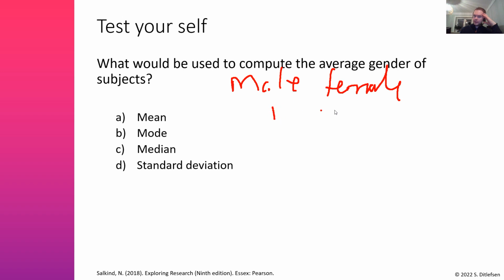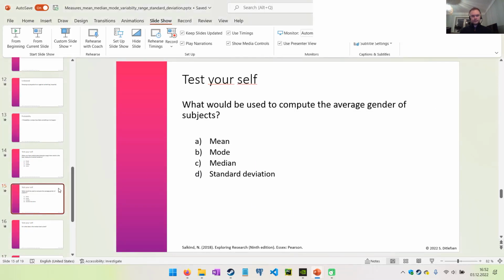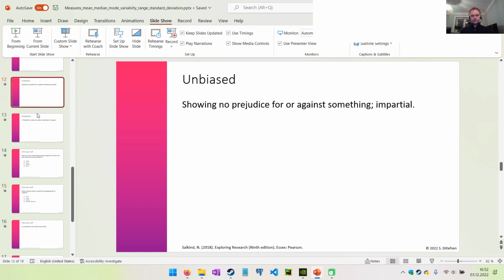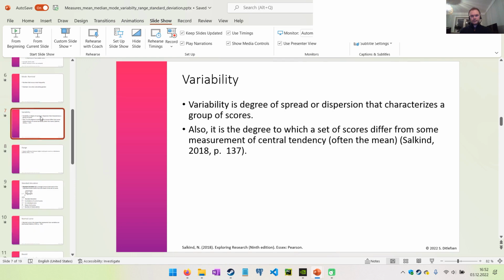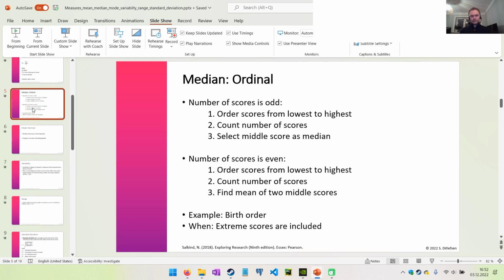And because of this, you get 1 or 2. So you always get 1 or 2. So mean, it will be the average. Mode is for ranking only. Median. What is median? It's the ordinal.